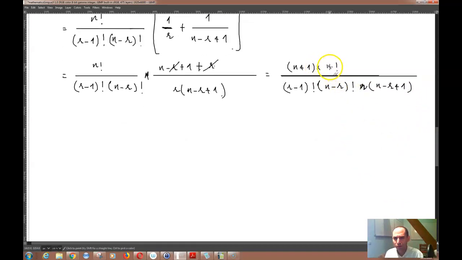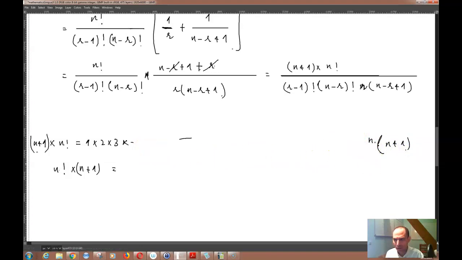And of course you know that n factorial times n plus 1 is n plus 1 factorial, because n factorial is the same thing as 1 times 2 times 3 all the way up to n. Now n factorial times n plus 1 would be equal to this whole thing. So if I multiply this by n plus 1, I would get this whole thing times n plus 1.